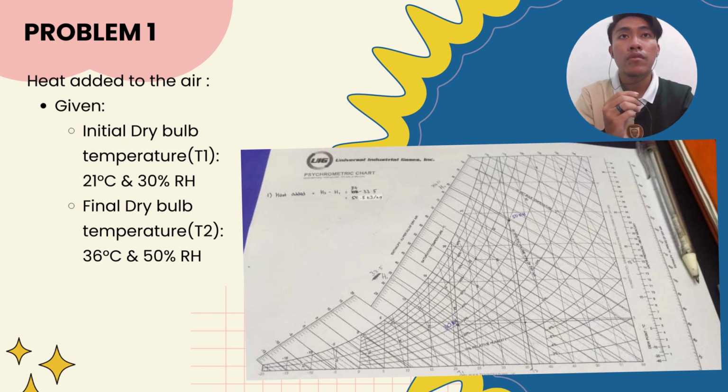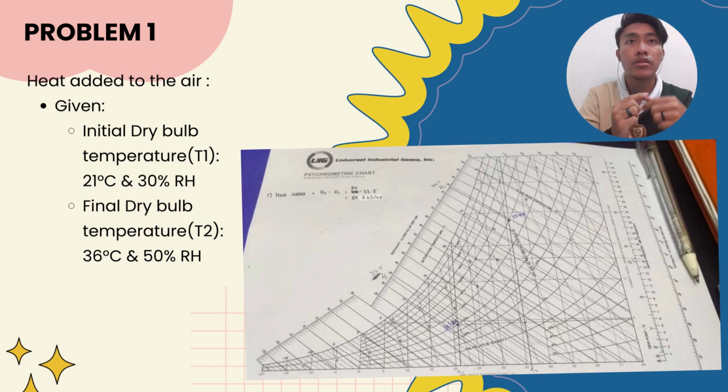For the heat added to the air, first we make the oblique line at the intersection of the temperature and the relative humidity. For the initial enthalpy, we get the value of 33.5 kilojoule per kilogram.